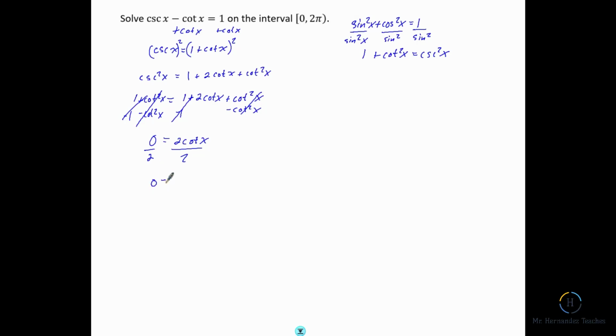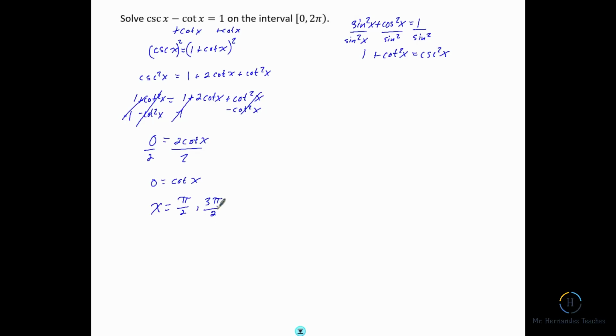So 0 is equal to cotangent x. And when is cotangent x equal to 0? Thinking back to that unit circle, cotangent is cosine over sine. So when cosine is 0, that's going to be at pi over 2 and 3 pi over 2.